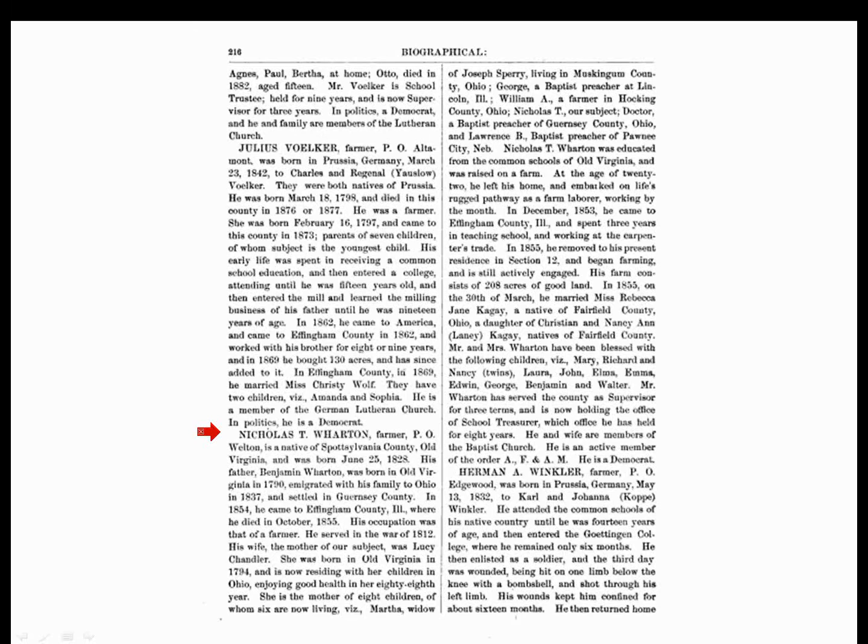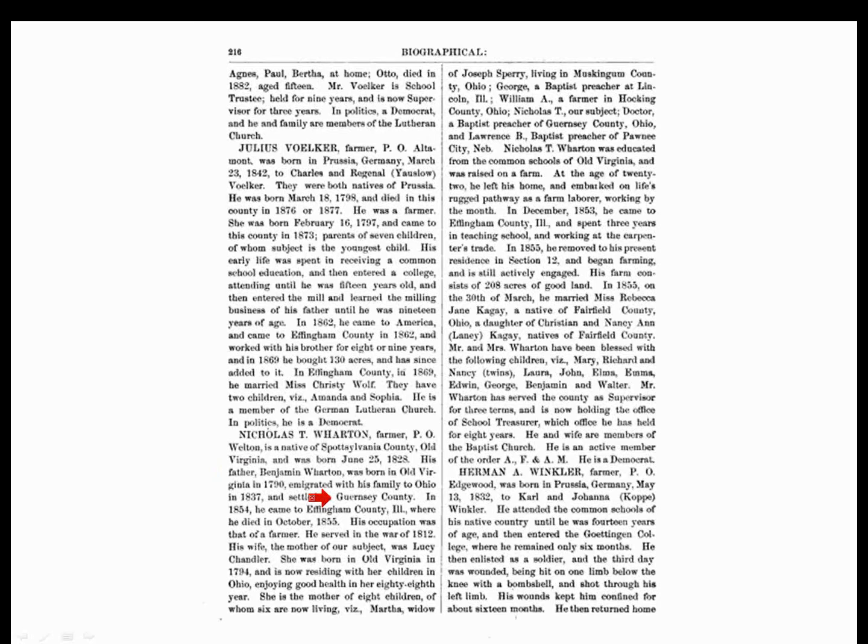So I can tell from this description of Nicholas and his family that he was born in Spotsylvania in Old Virginia, so Virginia, and that his father was Benjamin Wharton, and that his mother was Lucy Chandler. And there's information in here about them settling eventually in Guernsey County, and that was in 1837 in Ohio.